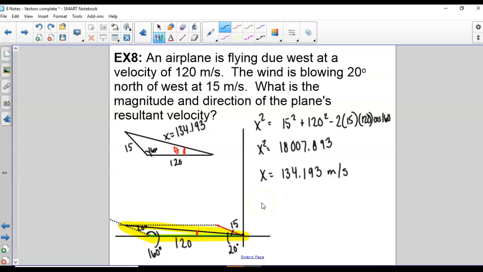So, we know we want to find sine of theta. Good. Good.